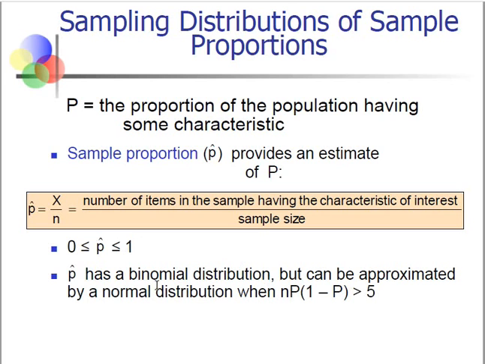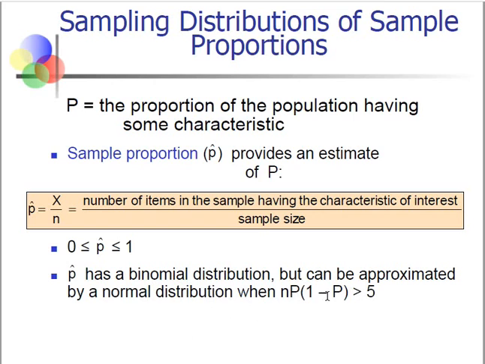Now, a proportion has a binomial distribution, but if we multiply the sample size by the proportion, and also by 1 minus p, and we find that it's greater than 5, then the sample proportion will be normally distributed.